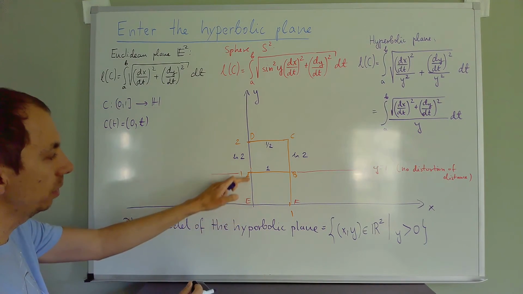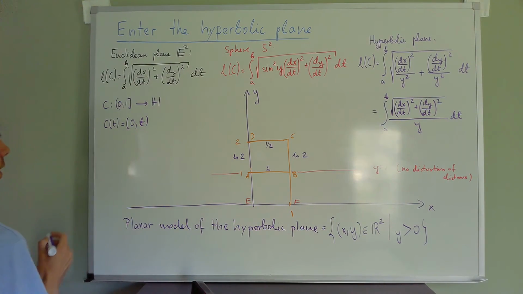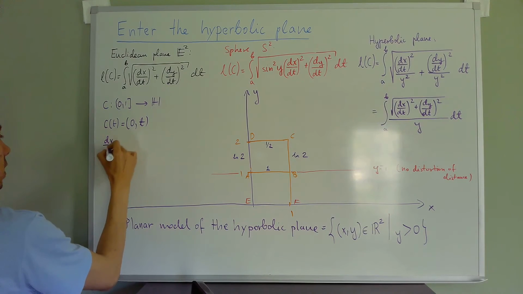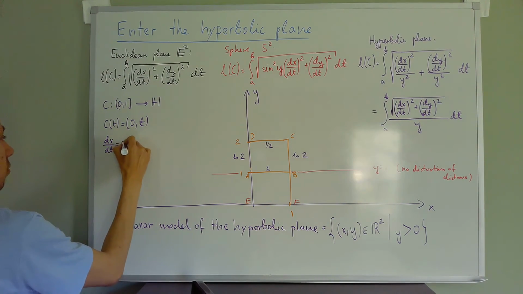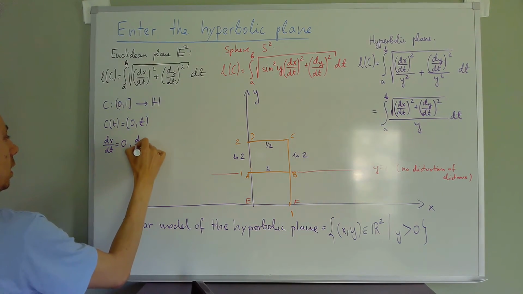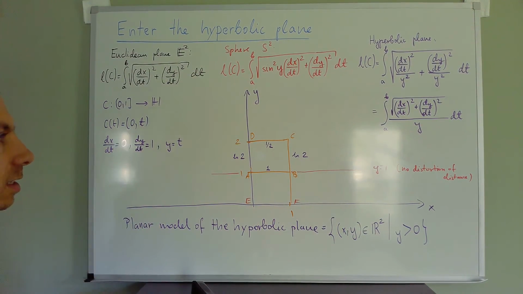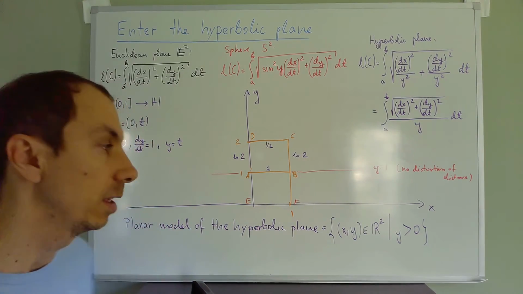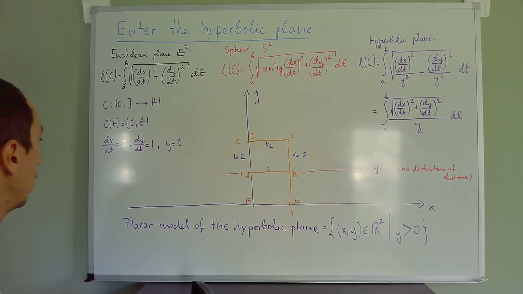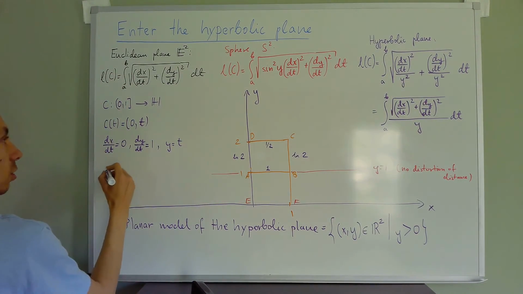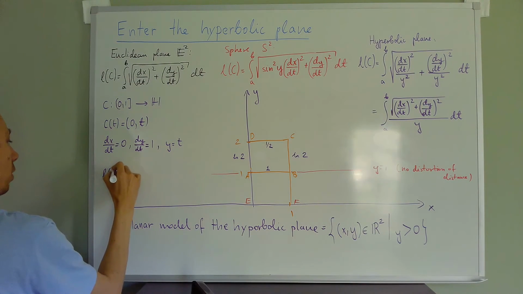So I sort of go from here to here. So dx over dt, that's 0, and dy over dt, that's 1, and y is equal to t. So everything is the same as in the previous example. But let's actually do the calculation. So what do I get here?